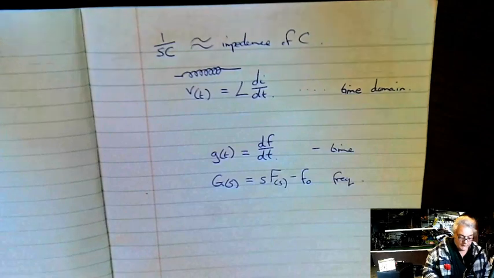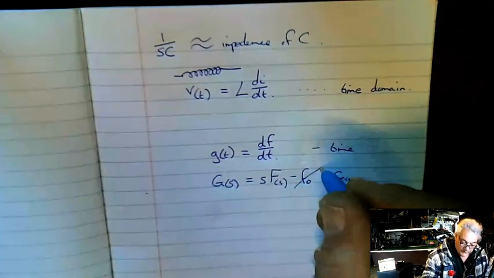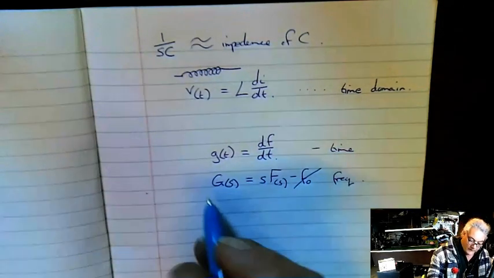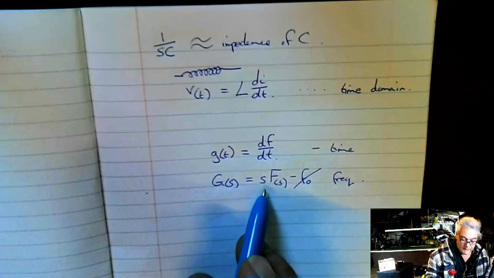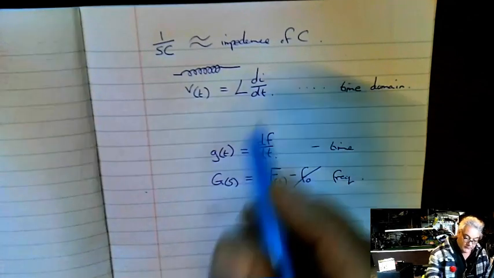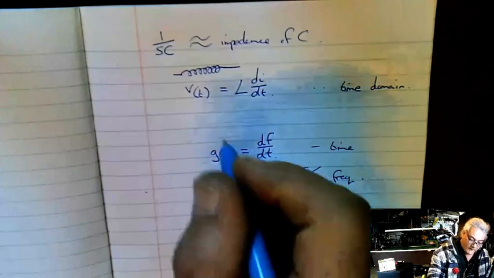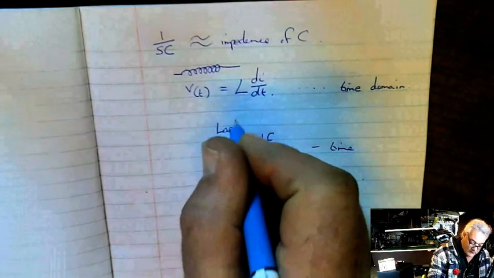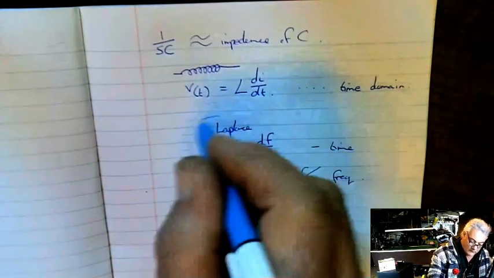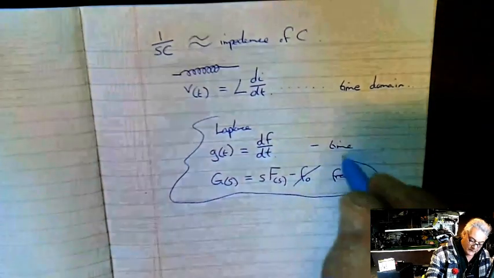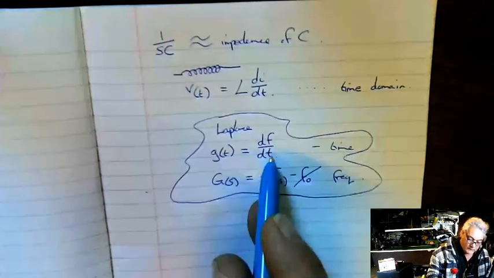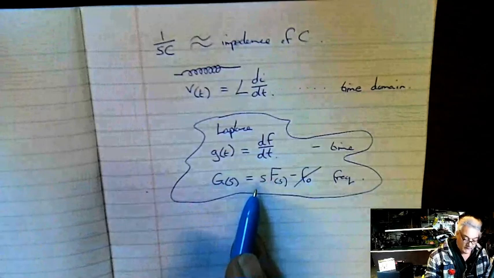Now we're not interested in the initial conditions, so actually we can get rid of that. So what that means is we have g of s is equal to s f of s. Well, this is what Laplace says, so put that in the cloud there. So that's how he tells us to go from a differential into the Laplace domain.